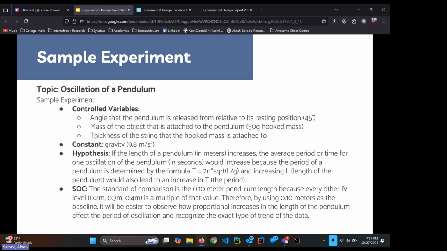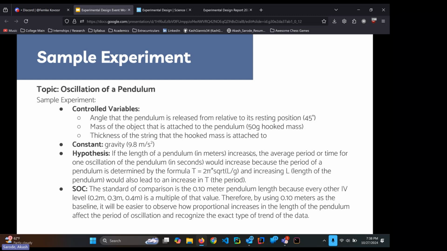Another controlled variable that I came up with is the mass of the object that is attached to the pendulum. I know I said earlier that this doesn't have an impact on the period, but it is a significant characteristic that does affect the force, the weight, and the physics behind calculating a value.